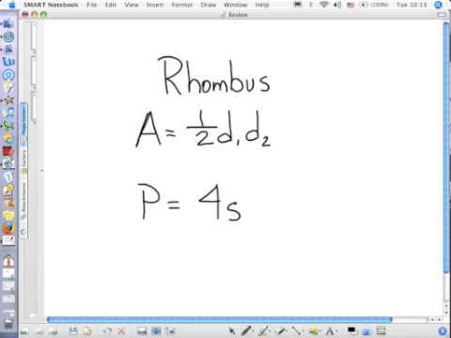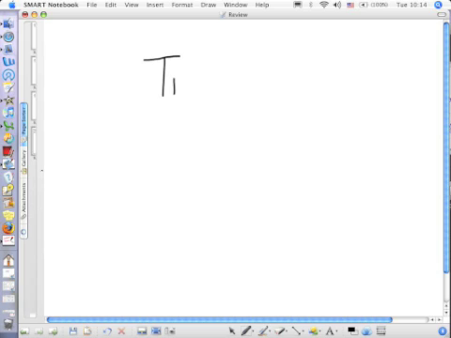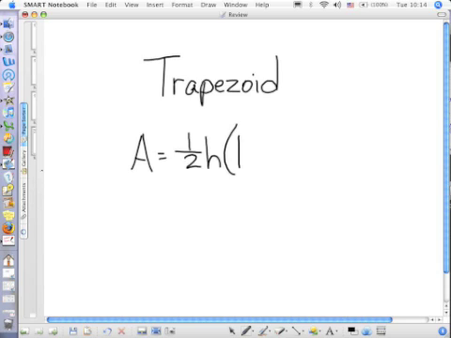And then I think, what else we had? A trapezoid? Trapezoid. Okay? And we really didn't deal with perimeters of trapezoids because it can be all crazy. But remember, in an isosceles trapezoid, there was something special about it.